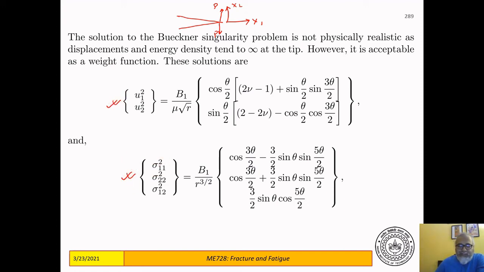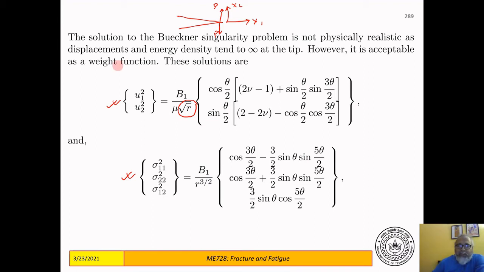We don't need the stresses at the moment, but the displacements are unphysical because they have this 1 by square root r, which makes the displacements infinite at the crack tip, and the energy density at the crack tip also infinite. However, we want to just use it as a weight function, and we are not really worried about the unphysical nature of the solution.